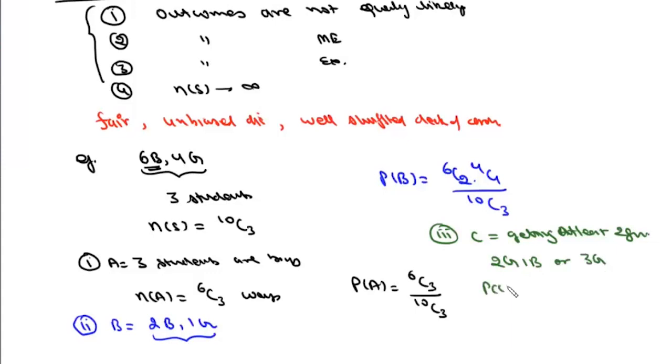So now this probability will be, 2 girls is 4C2 into 6C1 plus 4C3 into 6C0, the whole divided by 10C3. So all the combination problems can be turned into probability problems.